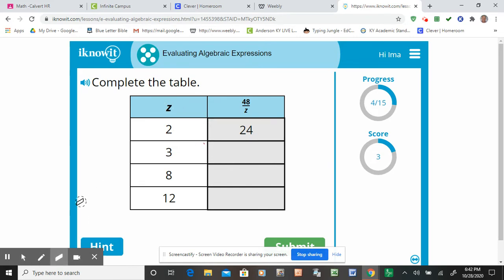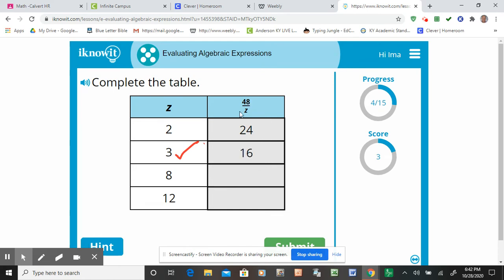How about if z is 3? It would be 48 divided by 3. And you can use your calculator for this. That's fine. I just want you to know how to approach this problem and how to solve it. 48 divided by z, or 48 divided by 3 now is what? Look it up. And you should have 16.